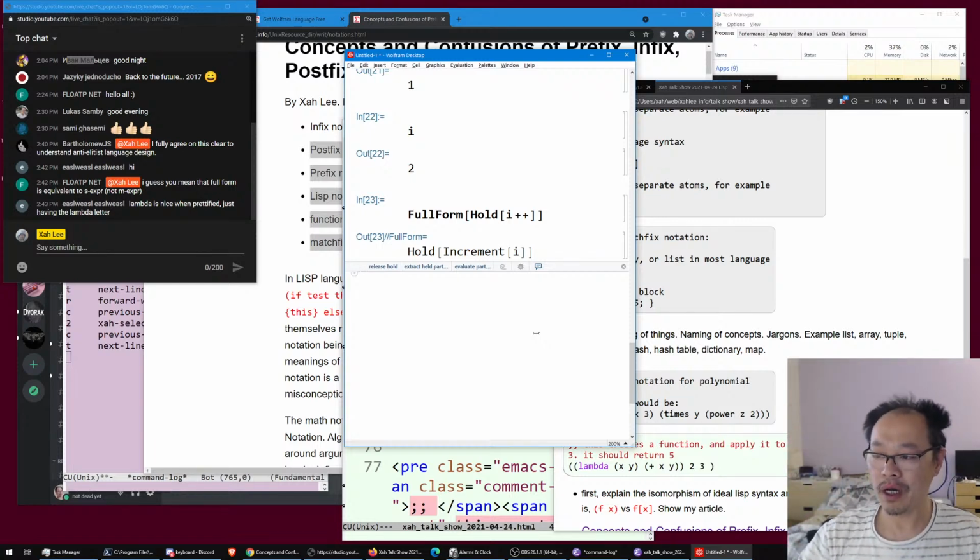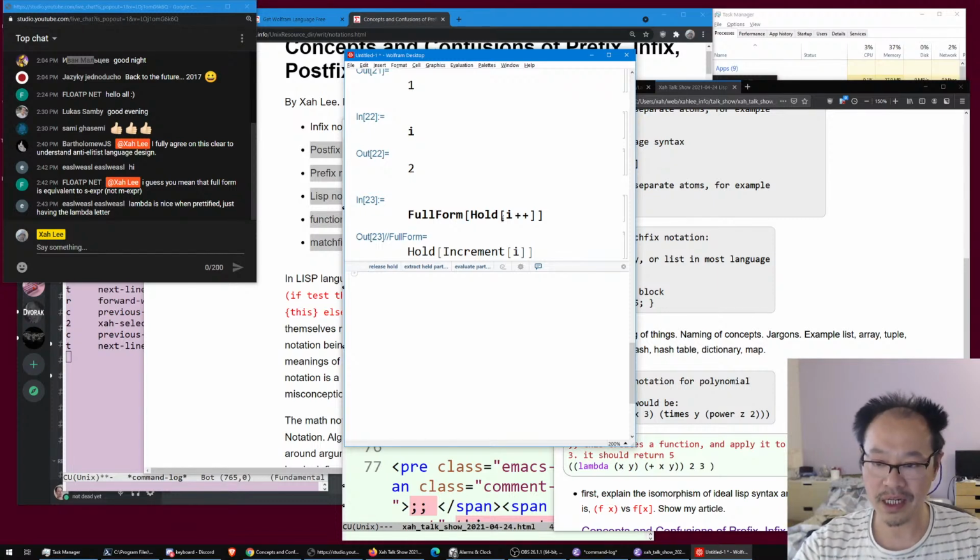By the way, why do I talk about this full form thing, syntactic equivalence, for so long? Because in fact, this is one of the most important things you need to understand about the Wolfram language when you become an advanced Wolfram language programmer. This becomes critical.